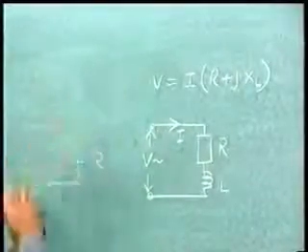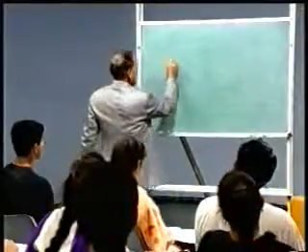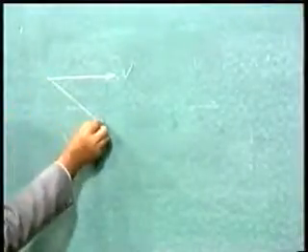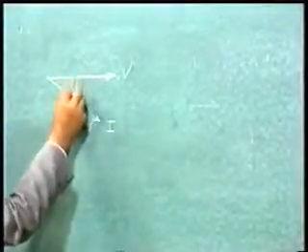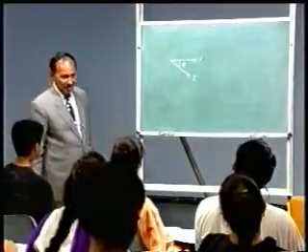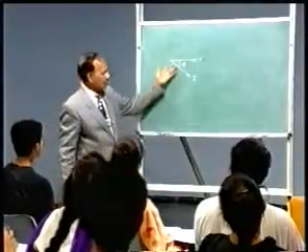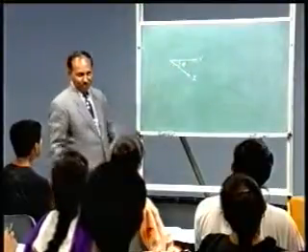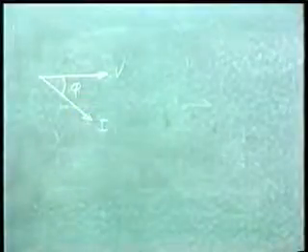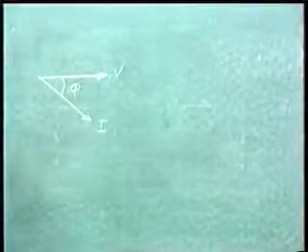Now suppose a phasor diagram is given. Say V is here and a current I is shown, and this angle is phi. Can you draw the equivalent circuit? Do you see an equivalent circuit of this phasor diagram? You see voltage V is there, and a current I is lagging the voltage by an angle phi. So the circuit should be an RL circuit.